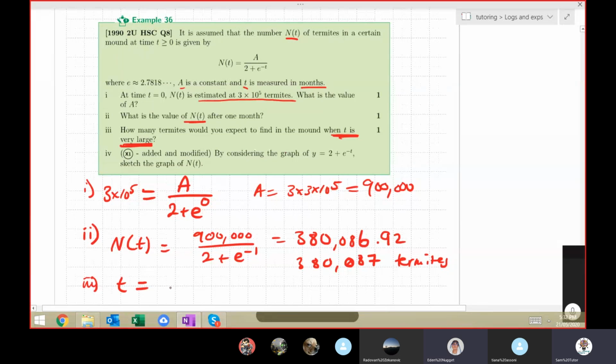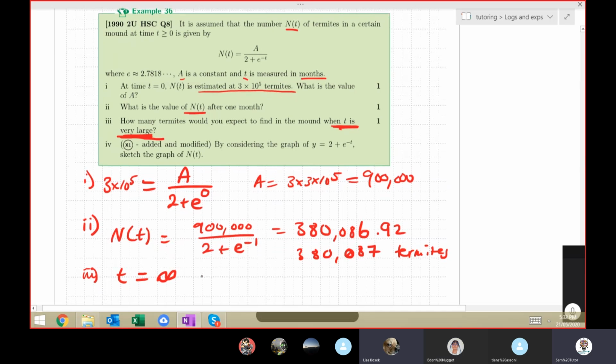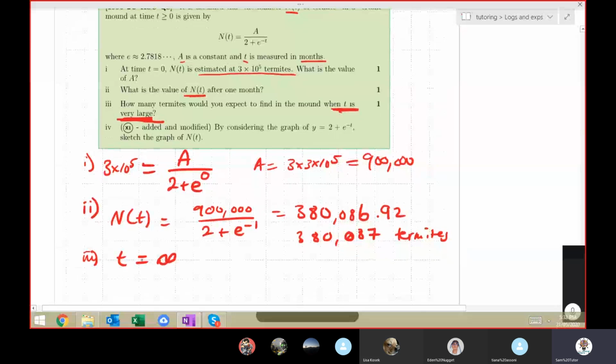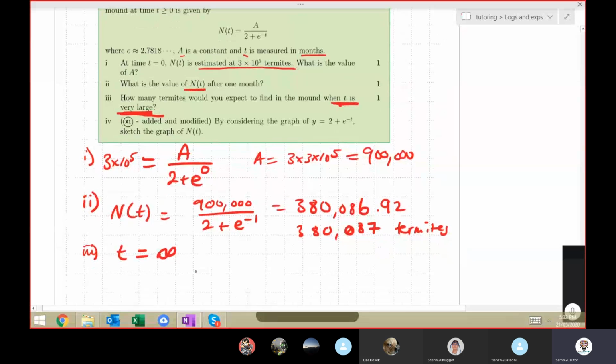What does t equal? You're thinking about very large. What are the things I know about very large? Infinity? Beautiful. This is why you've got to keep guessing. T equals infinity. So it's saying what happens as t becomes infinity.